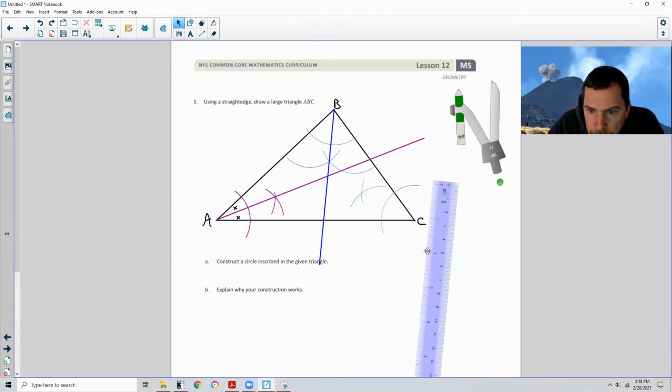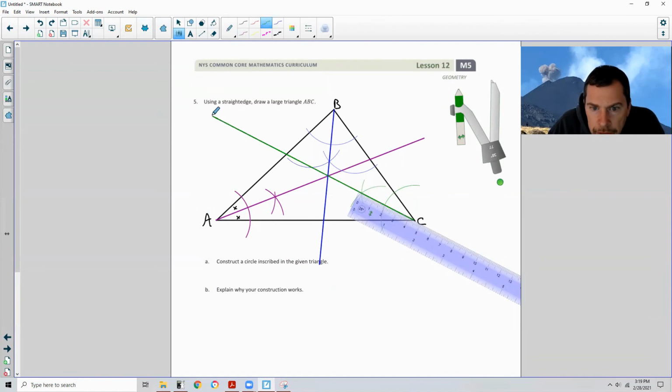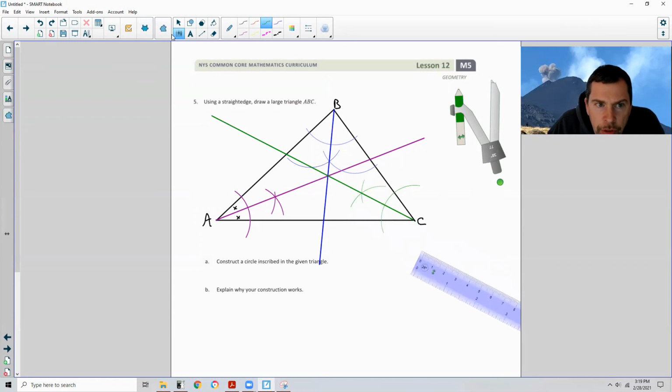There we go. And rotate, put this right 0 right there, rotate to C, and draw my bisector. Okay, so look at what just happened. All three met at this point in the center.